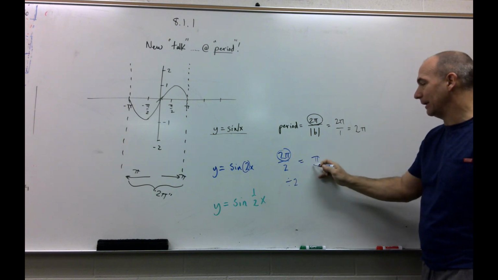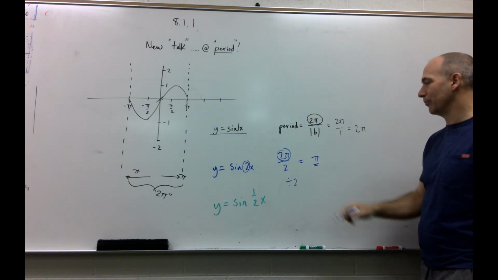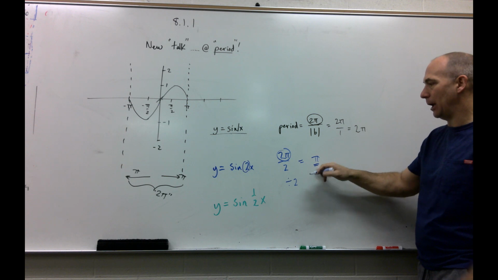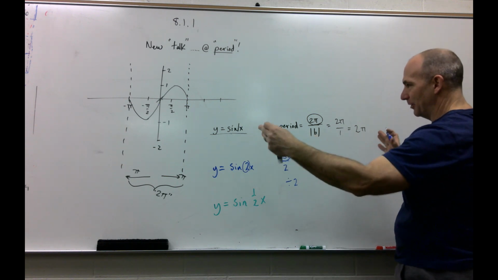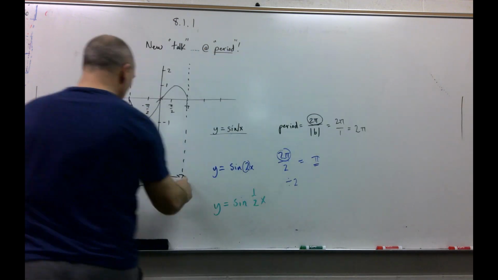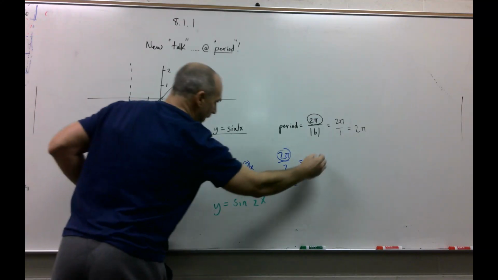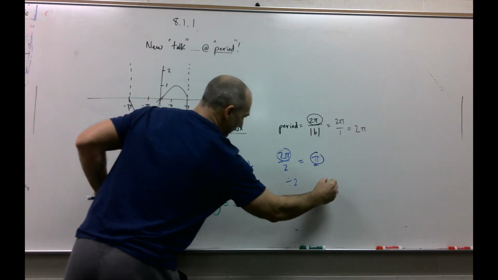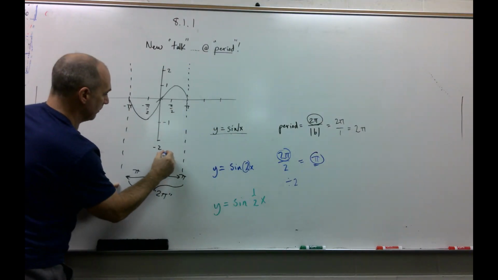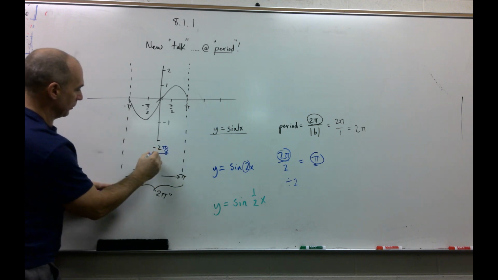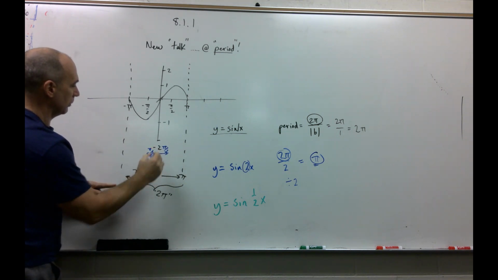So that means it's going to complete one cycle in pi units. So this is 2 pi. So how do we have pi? Well, my brain says if I go to the right, pi over 2, and if I go left, pi over 2, that's pi.